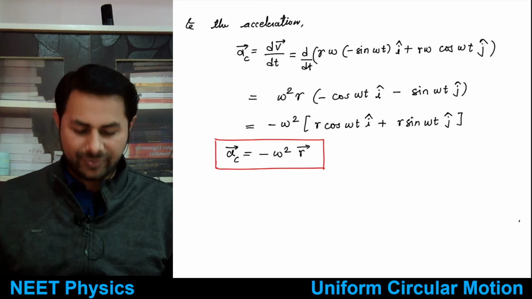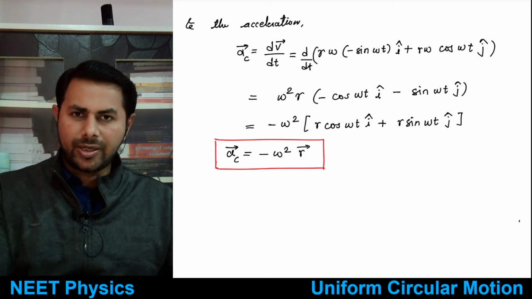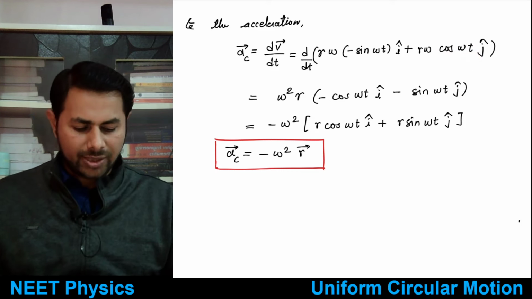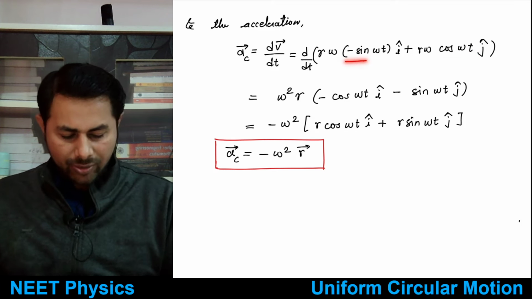So just take the derivative of velocity now. If you take one more derivative of velocity, what happens? The derivative of sine omega t is cos omega t multiplied by omega, and again the derivative of cos omega t is minus sine omega t multiplied by omega.